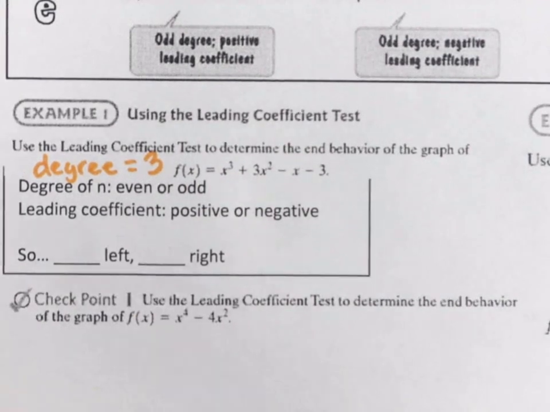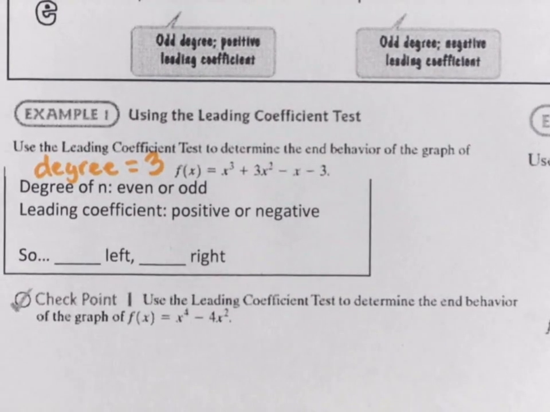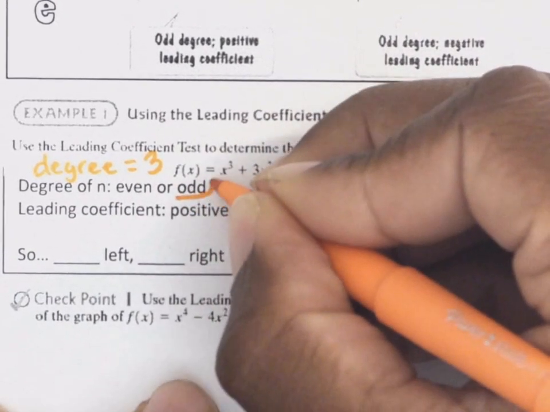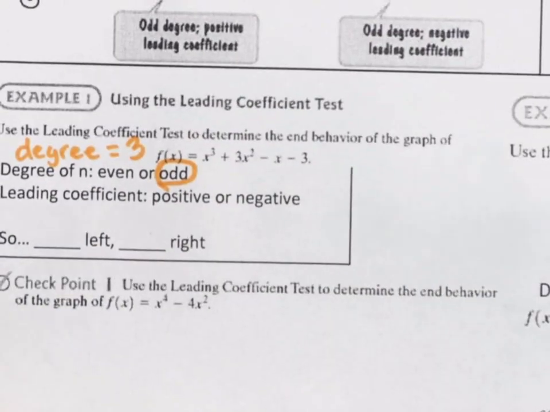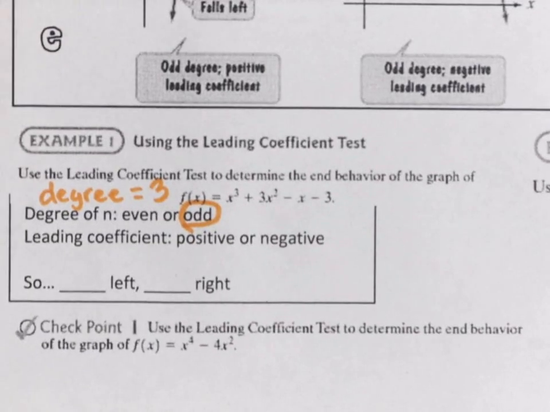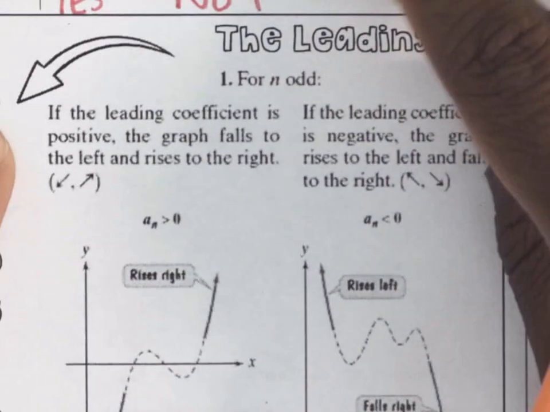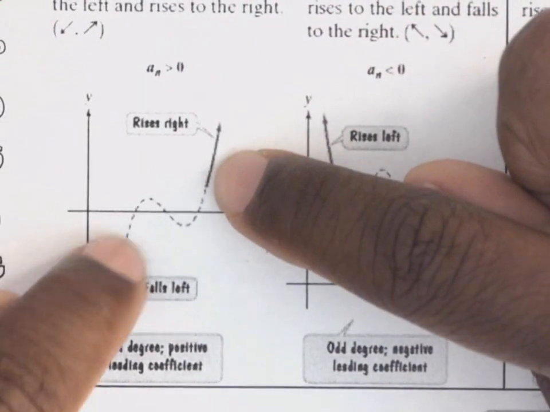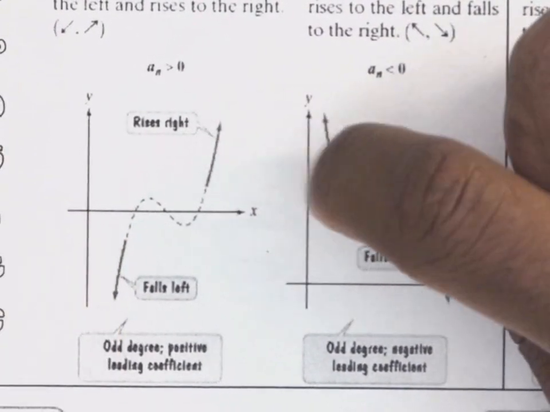Everybody okay why we went with 3? That's the highest number exponent. Is 3 even or odd? Odd. It's an odd number. Now, the simple fact that the degree is odd will tell me something about the ends. Knowing that my degree is odd, I can tell you the ends are going to be going in opposite directions.